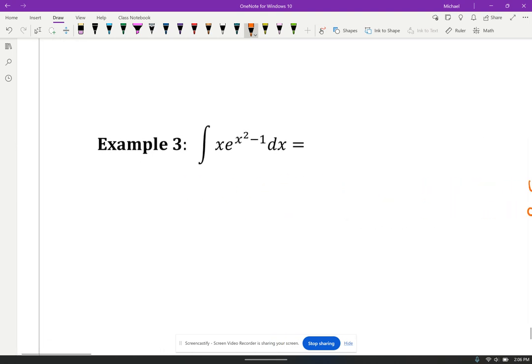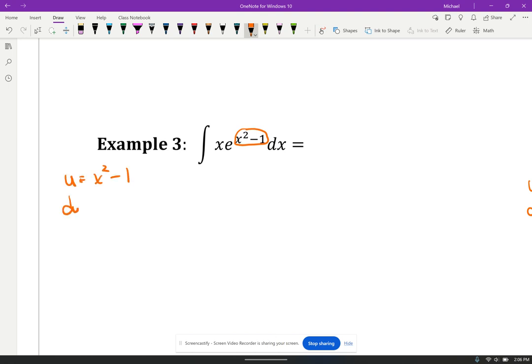Let's look at example 3. Taking the antiderivative, or the indefinite integral, of x times e to the x squared minus 1 dx. What do you think would be the inside function? If you said x squared minus 1, you are correct.